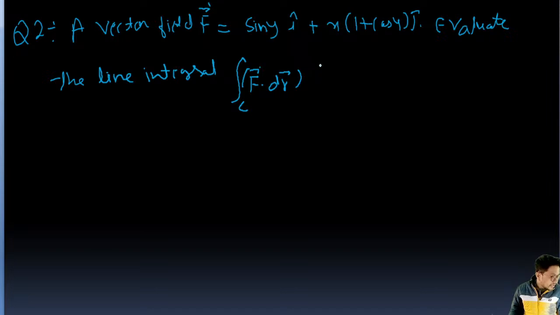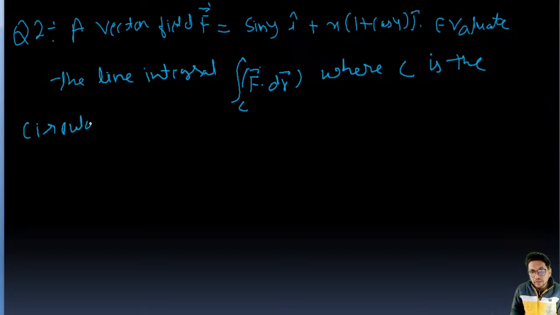Evaluate the line integral F dot dr, where C is the circular path given by x square plus y square equal to a square.